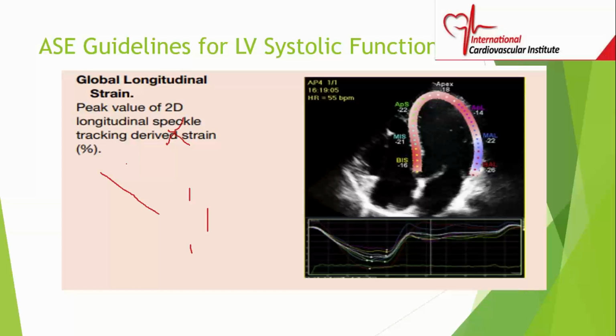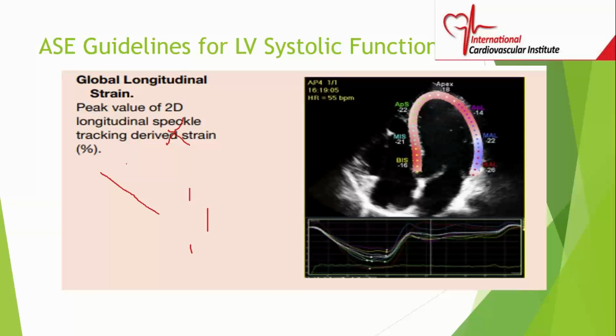Because when the heart contracts, the heart shortens in the longitudinal plane. So what usually happens, the base moves up towards the apex in systole, and then in diastole it moves down.